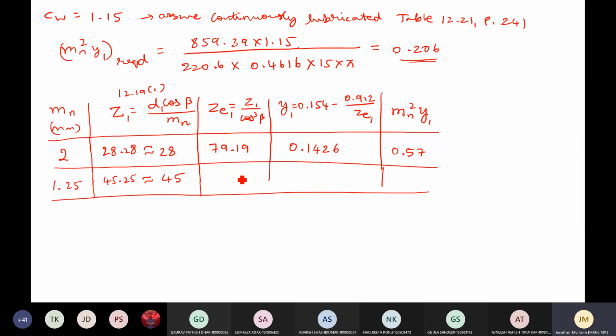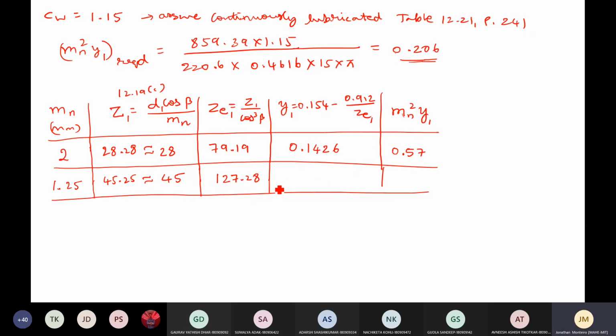Then what happens to the virtual number of teeth? It will come to be around, is it 128 point something? Just let me know the value. If you take 45, 127.28. Okay, 127.28. Fine, if you take 45.